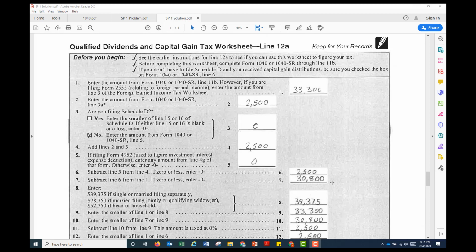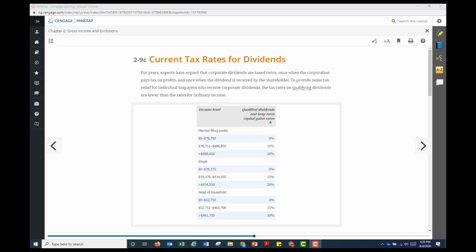On to line 8. Line 8, we have to select one of these numbers. What are these? This is the threshold based on the filing status, the threshold for the qualified dividends rate. Here are the capital gains rate for qualified dividends.